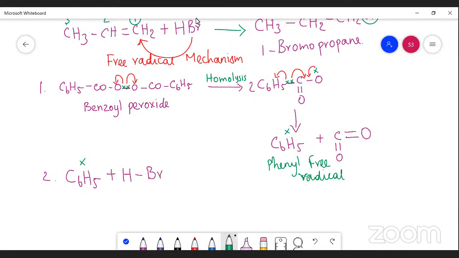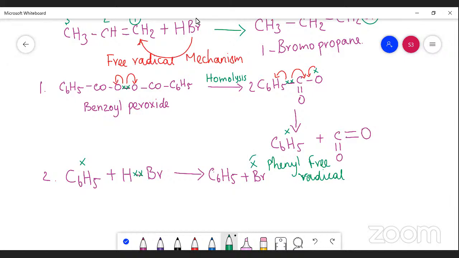The bond is made up of two electrons, one electron and one electron, and it will produce a bromine free radical. So here we are getting C6H6, benzene, and a Br free radical.